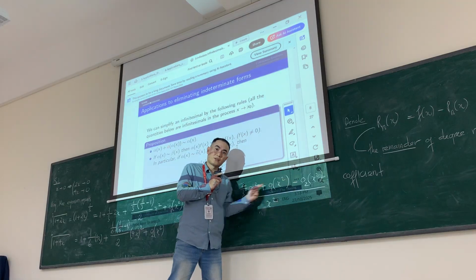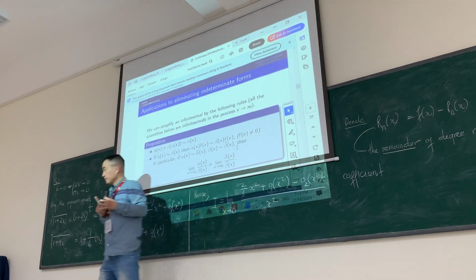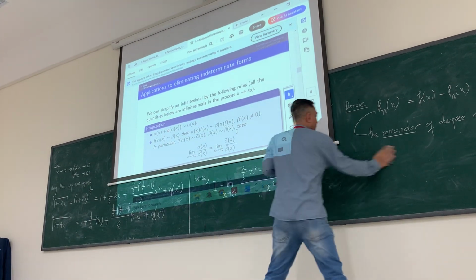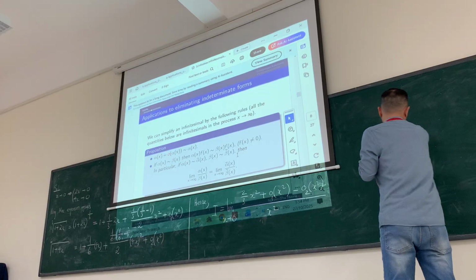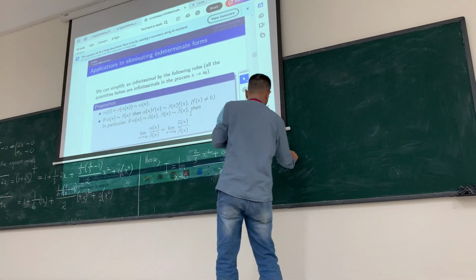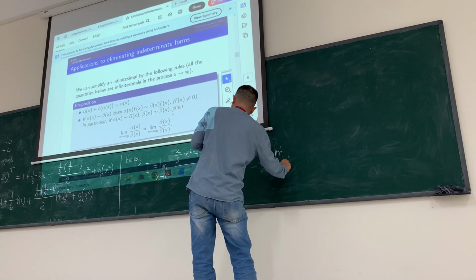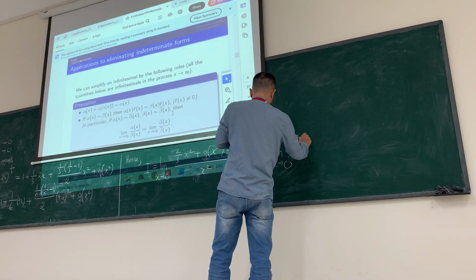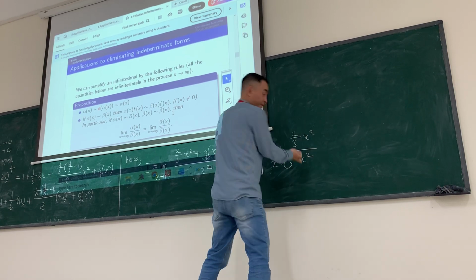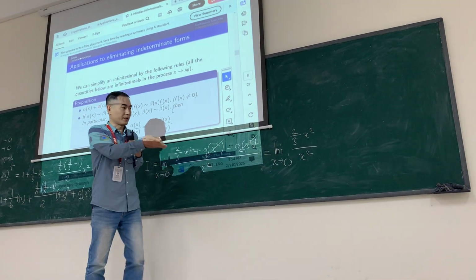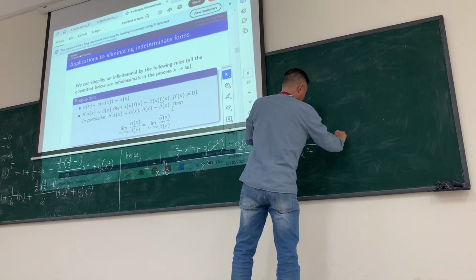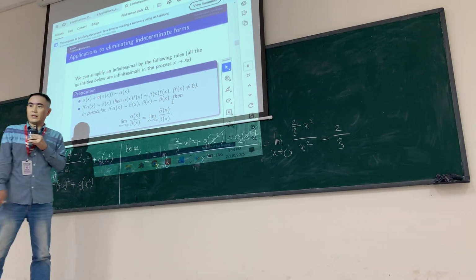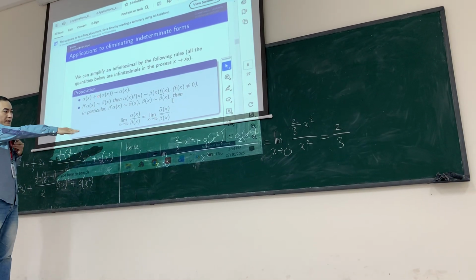The limit as x tends to 0 is equal to 2 over 3 x squared over x squared. I think it is very easy to estimate. Equal 2 plus. Does that mean you can use the Maclaurin expansion to estimate the limit?